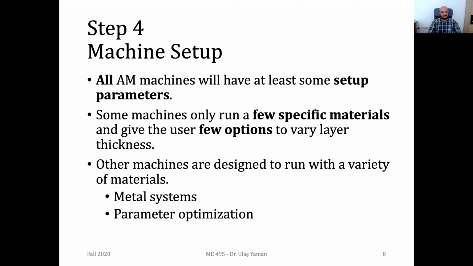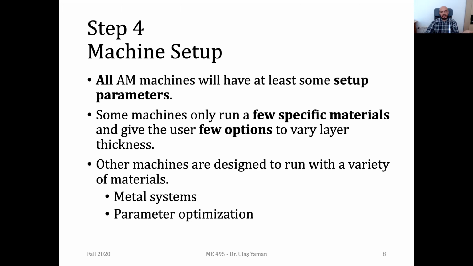And you may have some, obviously, metal powders, depending on the type of metal powder you are using. In some, especially metal systems, you need to do parameter optimization, especially if you are using a new alloy or new metal powder. You need to work on parameters, maybe for some days, some months, to find the optimum parameters: optimum laser power, focus diameter, the thickness, the gap between the lines while you are filling the interior of the parts.